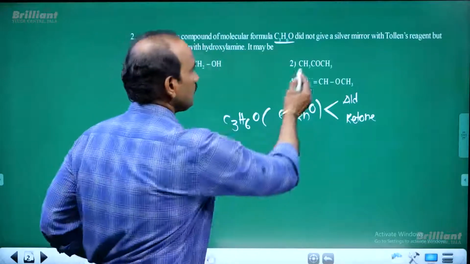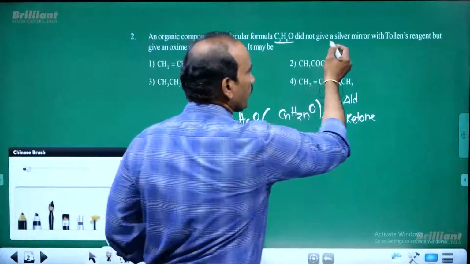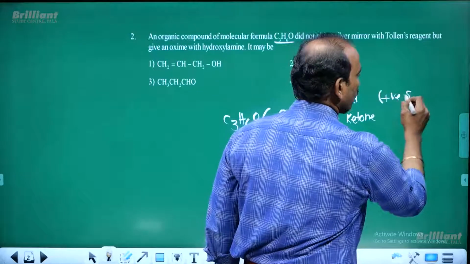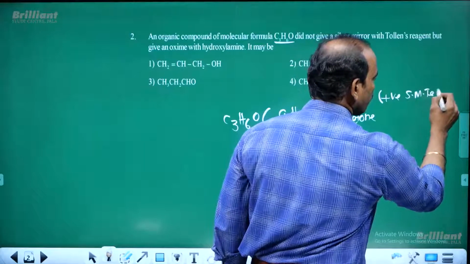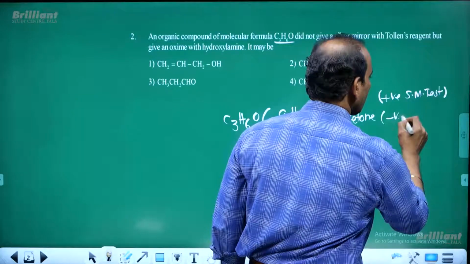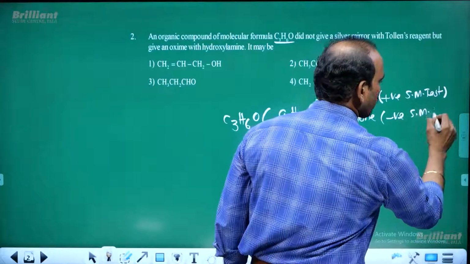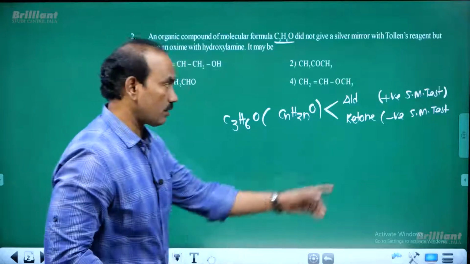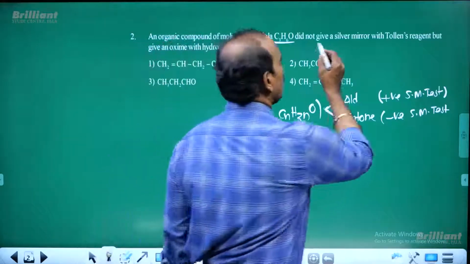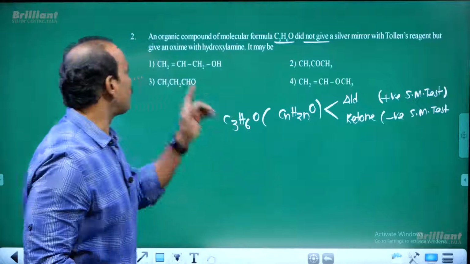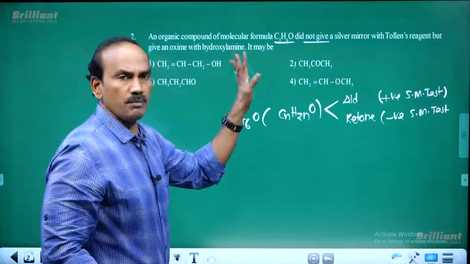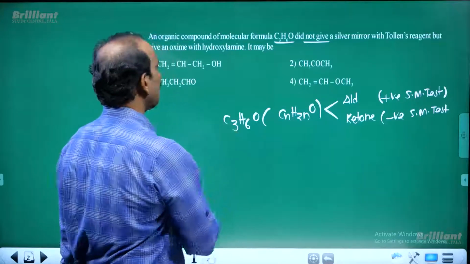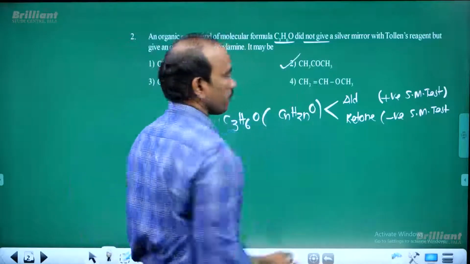And then this is a negative test for the silver mirror test. This is a negative silver mirror test. So the compound is not an aldehyde. Sorry, the compound is a ketone. Next one is, it reacts with oxime. It may be a carbonyl compound. So 3 carbons and ketone. A 3 carbon ketone is the answer. Clear?